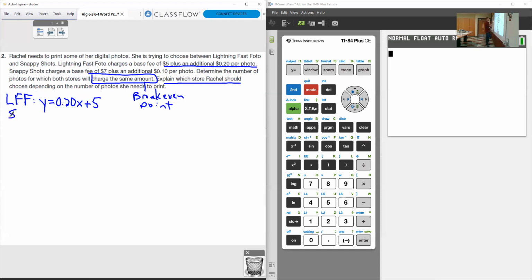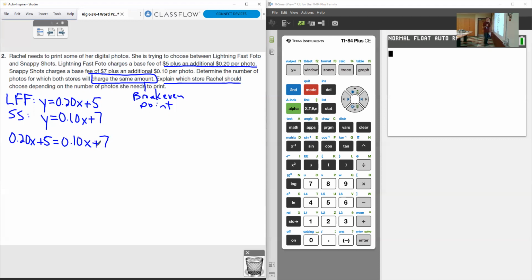Snappy Shots, and I'm just going to abbreviate it SS, charges 10 cents per photo, so 0.10x plus $7. So the first thing that we want to do, you can see that both of them are linear. Both of them are set equal to y. We need to figure out the break-even point. We want to know when they're equal to each other. So we're going to set the one equation equal to the other equation.